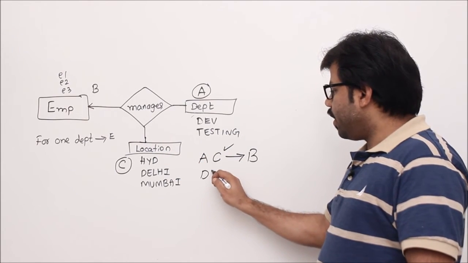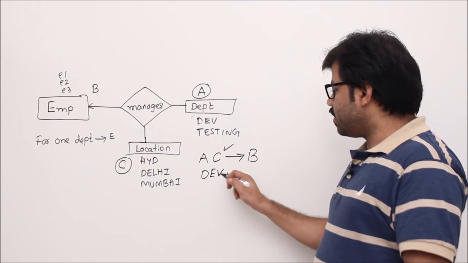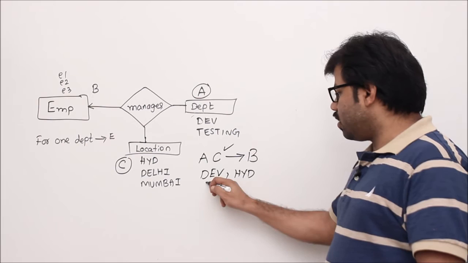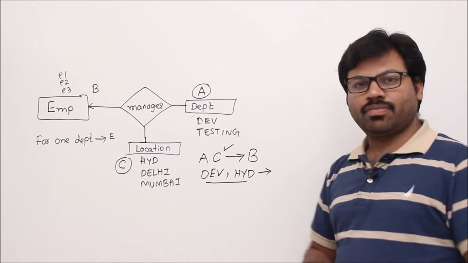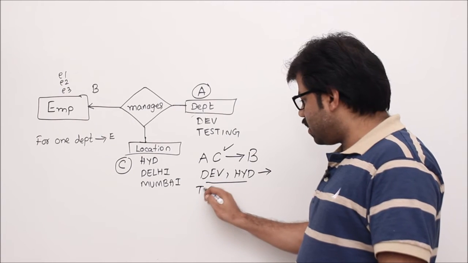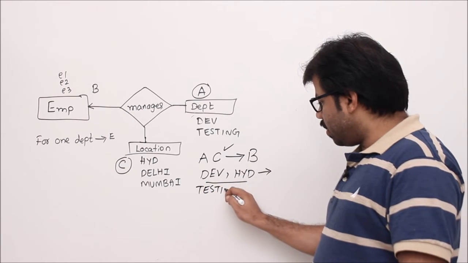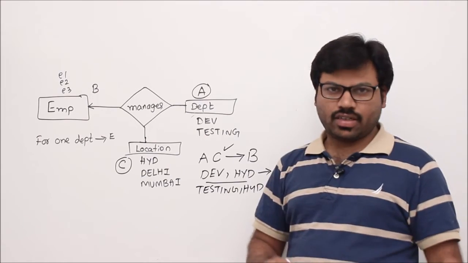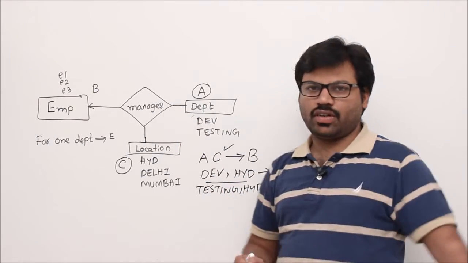Example, development is the department and let's say Hyderabad is the city or location, then there should be only one manager. Similarly, if I change this A value to testing, for testing and Hyderabad, again there should be only one employee, not more than that. So that is the meaning of this one.